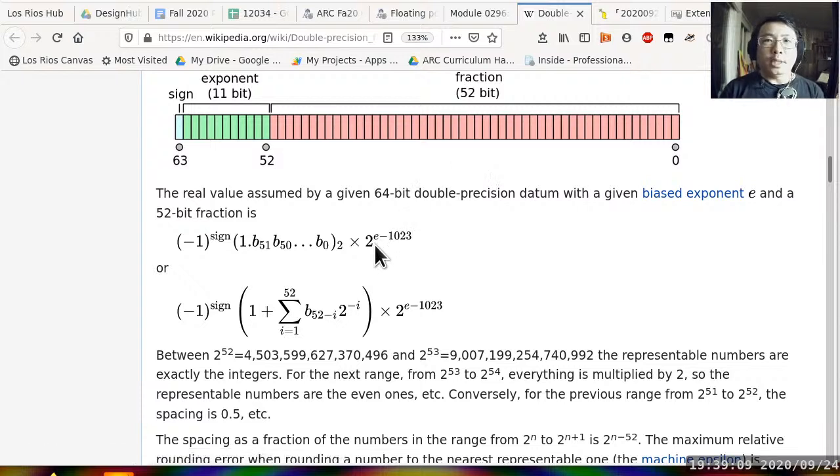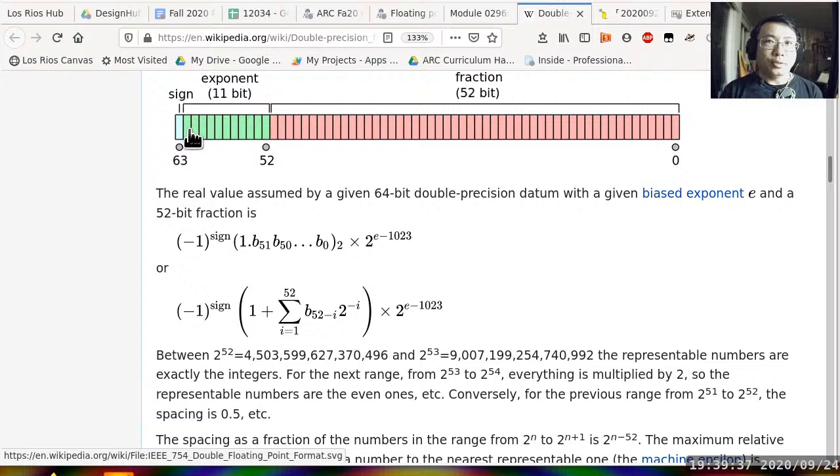And then the power of 2 that we multiply to the mantissa, because this entire thing is the mantissa, and that's why bit 51 down to bit 0 is known as the fraction, because it is the fractional part of the mantissa. But the exponent of 2 that we multiply to the mantissa is not just E itself. This E is the unsigned value represented by these 11 bits.